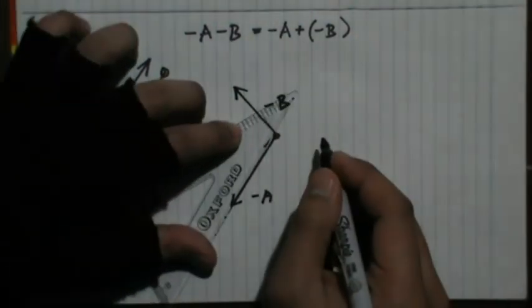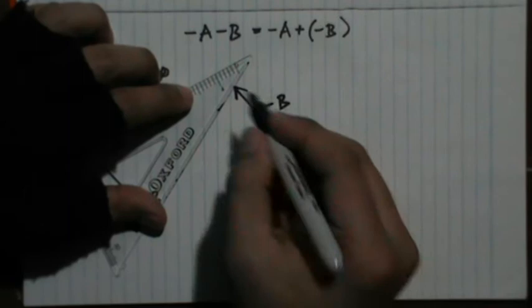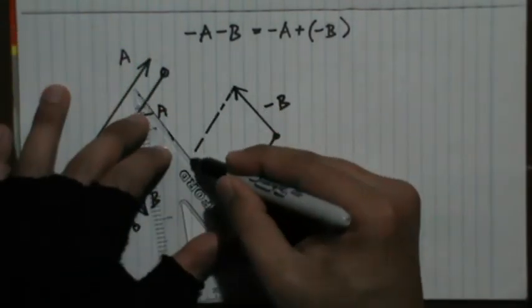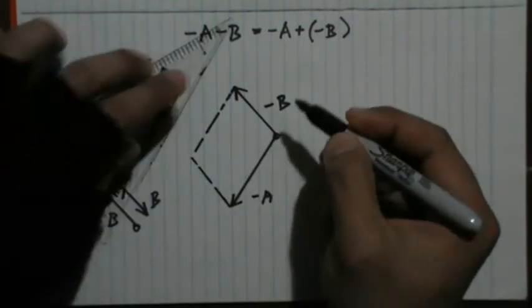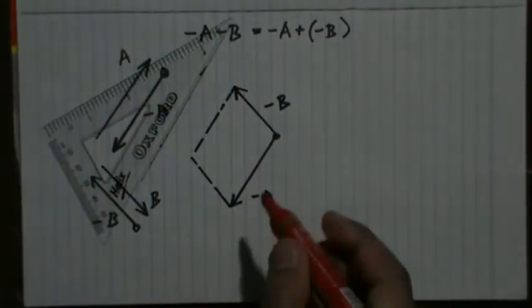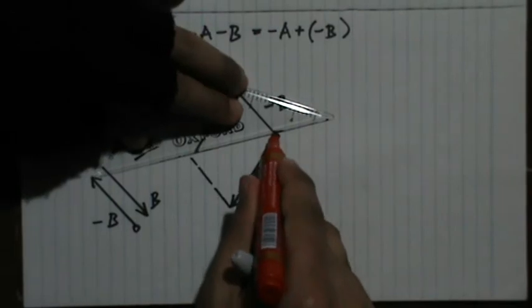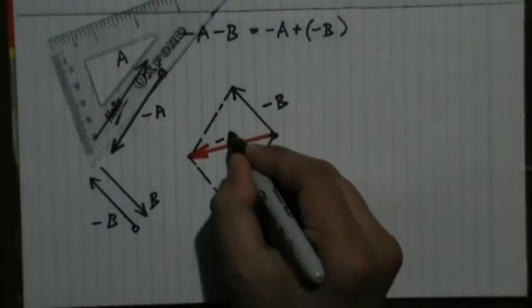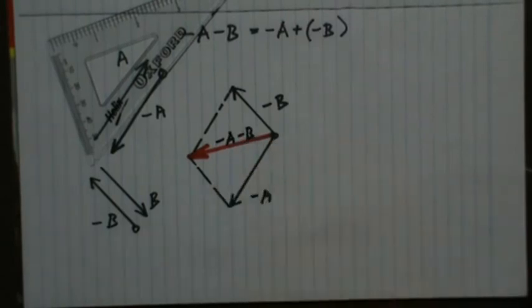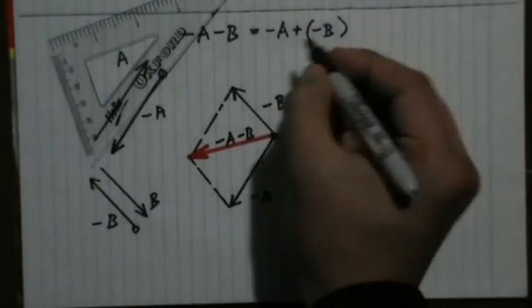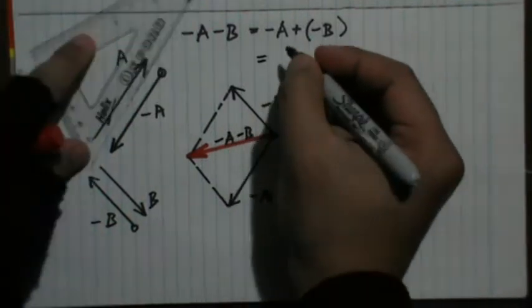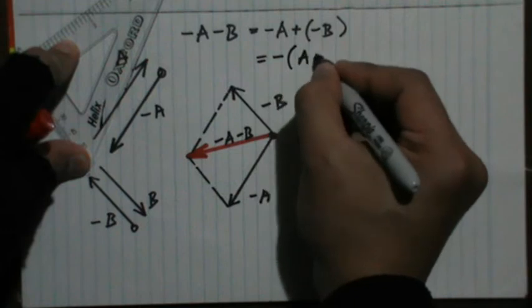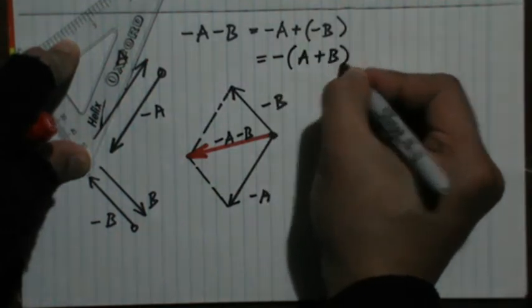So the parallelogram here, and this is minus a minus b. Or actually you can also think like this: minus a minus b is equal to minus of a plus b.